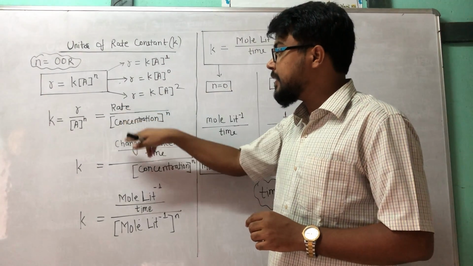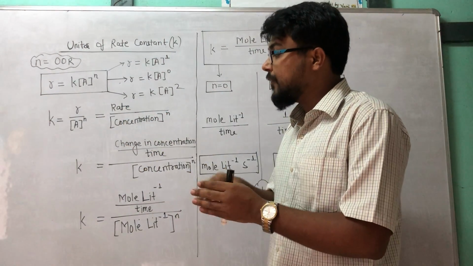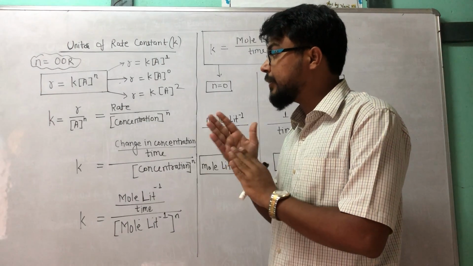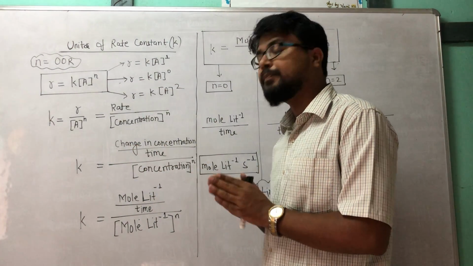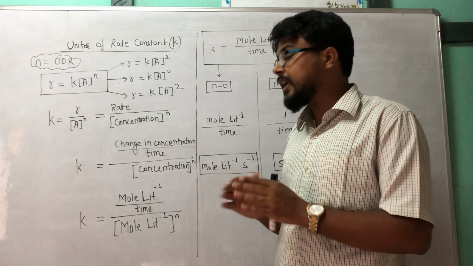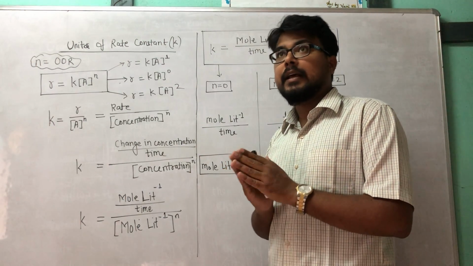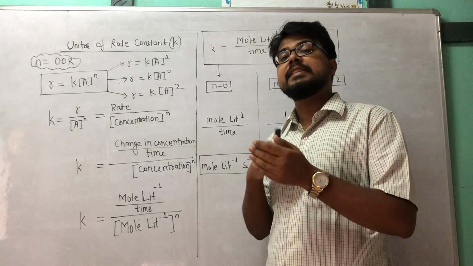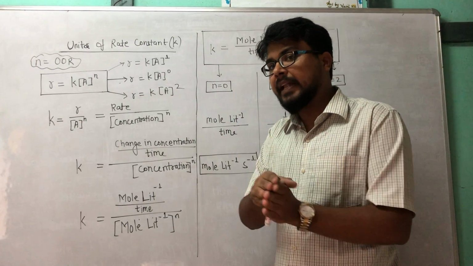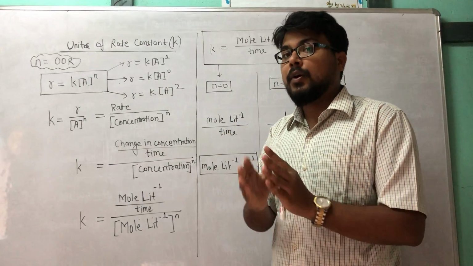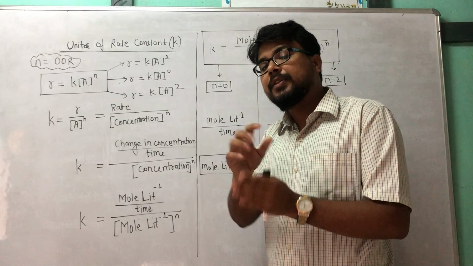So what is rate? Rate is the change in concentration per unit time. We already studied this in average rate of reaction and instantaneous rate of reaction. Rate means change in concentration of reactant with respect to time, or change in concentration of product with respect to time.